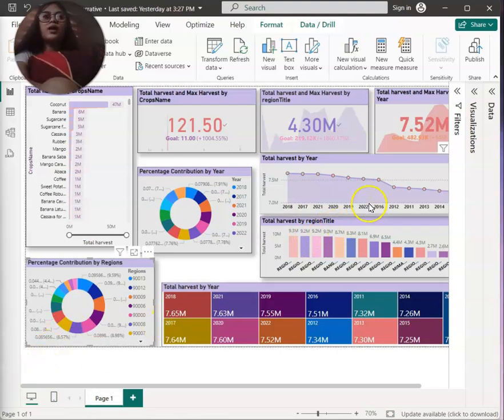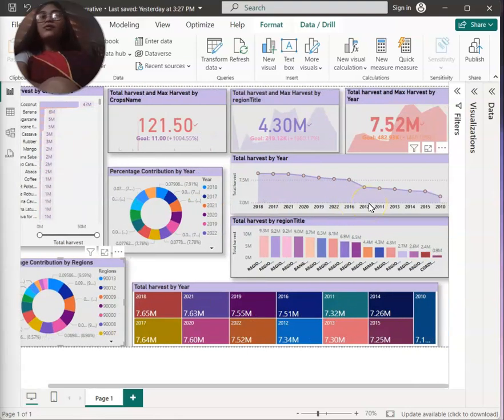Next one, we have the total harvest by year. These visualizations provide a temporal perspective on agricultural output. From 2010 to 2022, the harvest trend demonstrates relative stability in more recent years, averaging around 7.5 million units annually.